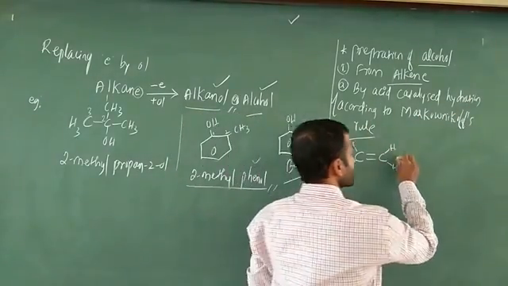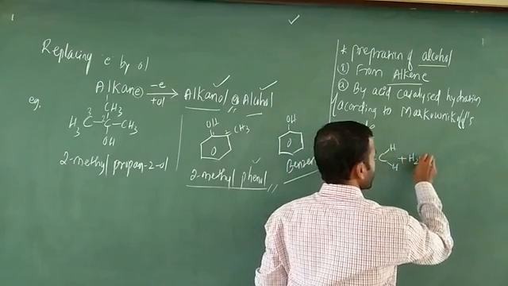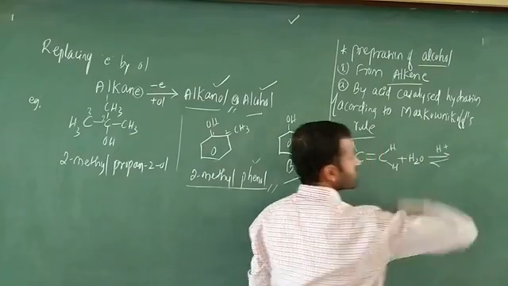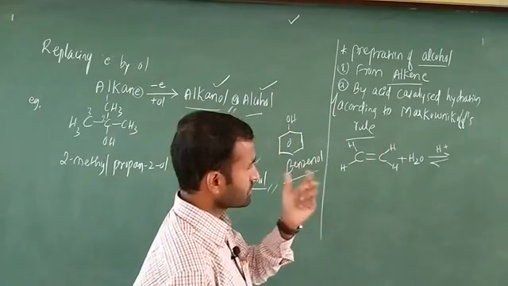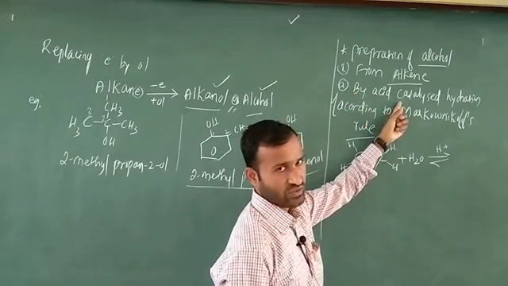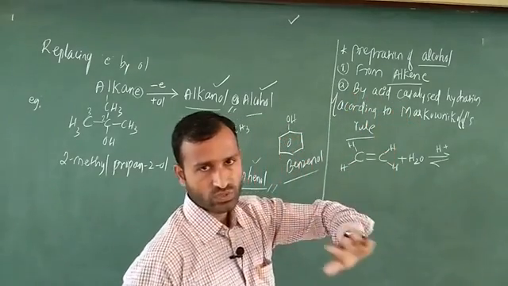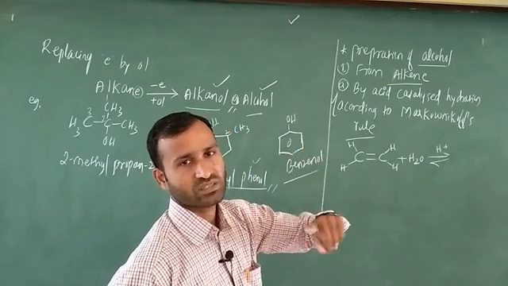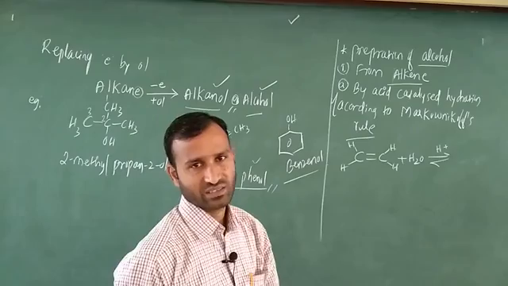Next, they are going to add H2O. This shows an equilibrium reaction in the presence of H plus. H plus means, try to understand, our heading is acid catalyzed. Bear in mind, students, most important, if they use the word acid catalyzed, then 100% H plus is mandatory, compulsory.